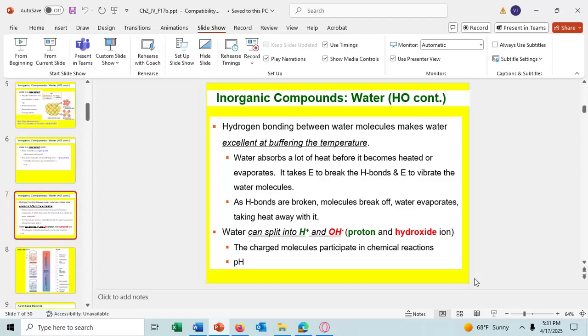All right. The other way that water can absorb the energy that most other molecules cannot is that liquid water can absorb the energy by breaking the hydrogen bond holding the liquid water molecules together. And that will absorb some of the energy, and that energy is not taken up by the water molecule to vibrate and move faster. So that energy does not increase the temperature of the water.